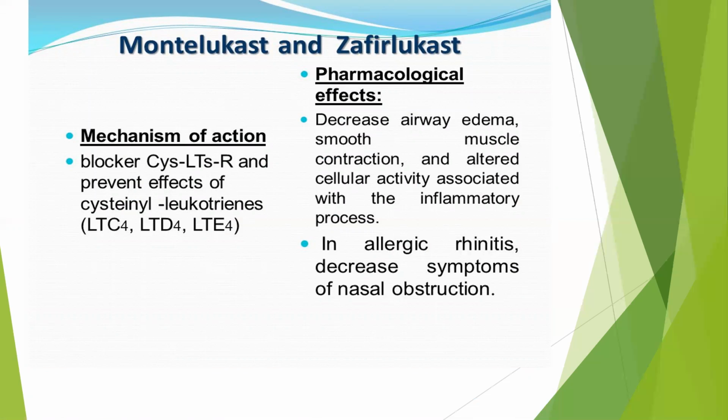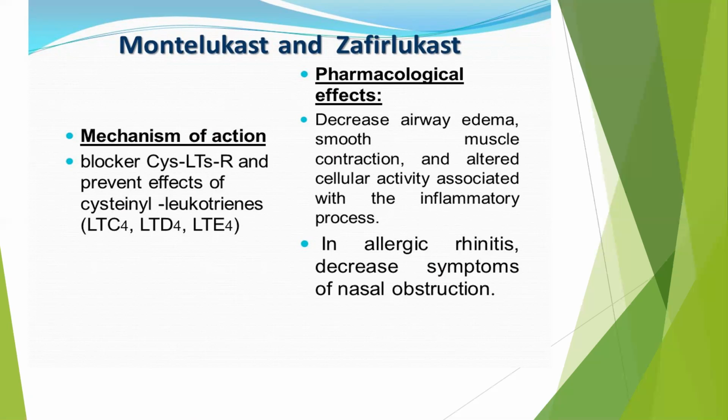Montelukast and zafirlukast are the antagonists of leukotrienes. The mechanism of action of these drugs: they block the cysteinyl leukotriene receptor and prevent the effects of cysteinyl leukotrienes, leukotriene C4, leukotriene D4, and leukotriene E4.